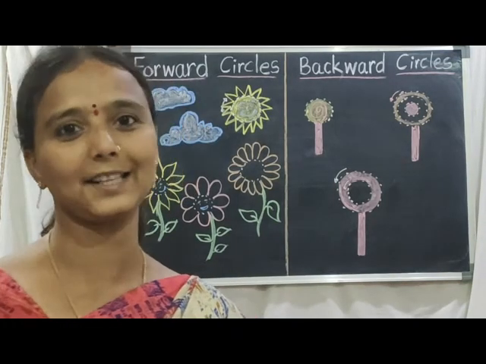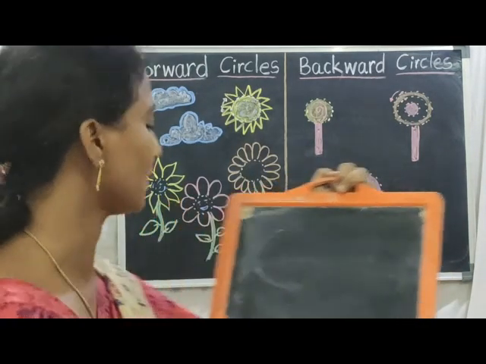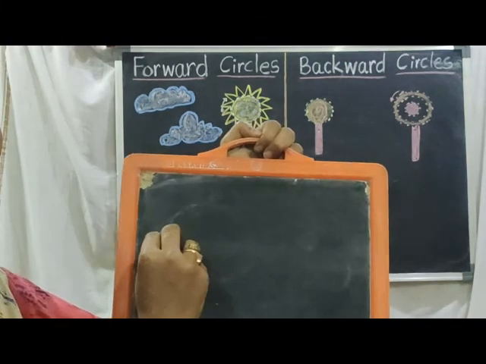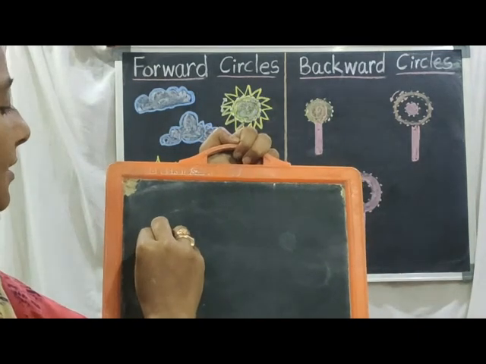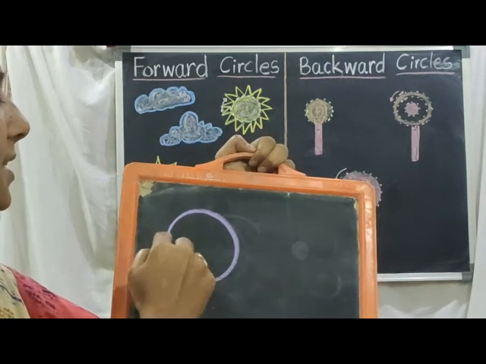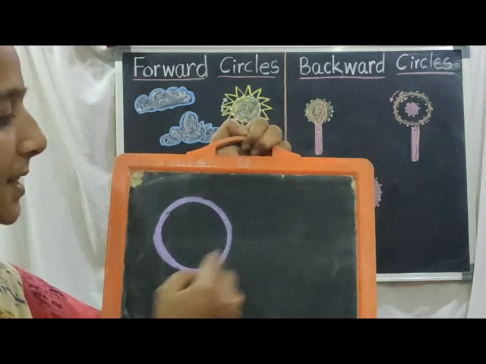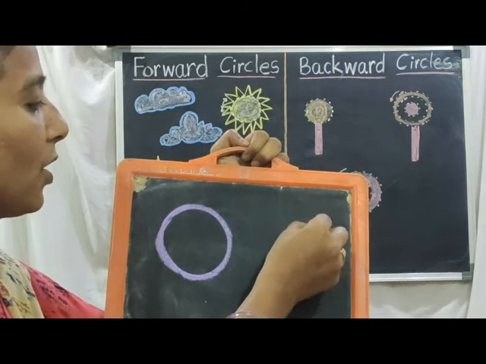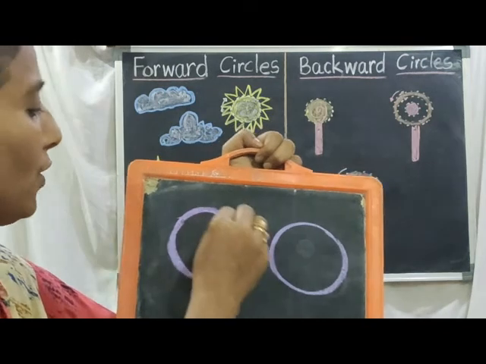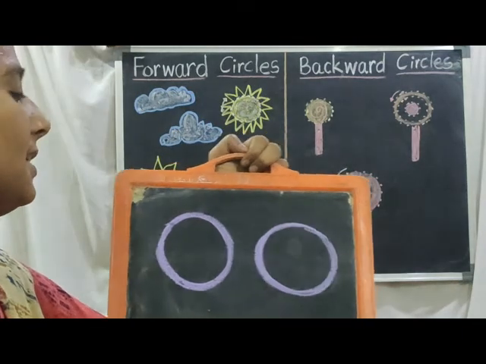After completing the practice book, once again take the slate, children, all of you. Look here. Put your slate pencil here and draw the circle from this side. This is the forward circle. If you are drawing like this, it is the forward circle, and if you are drawing like this, it is the backward circle.